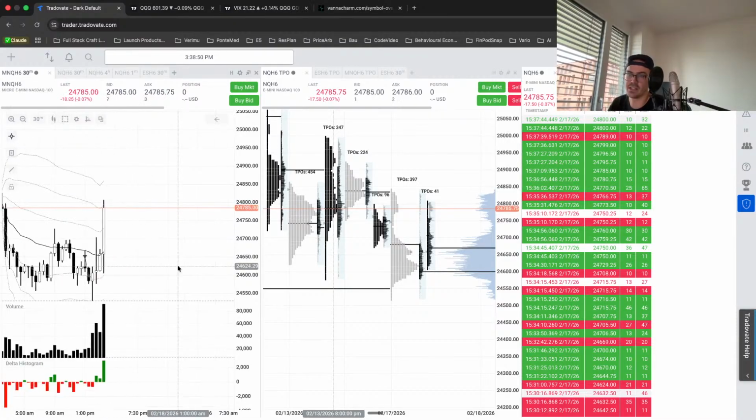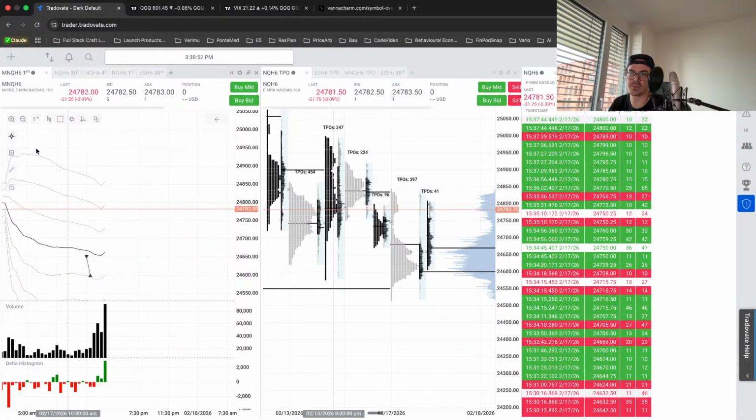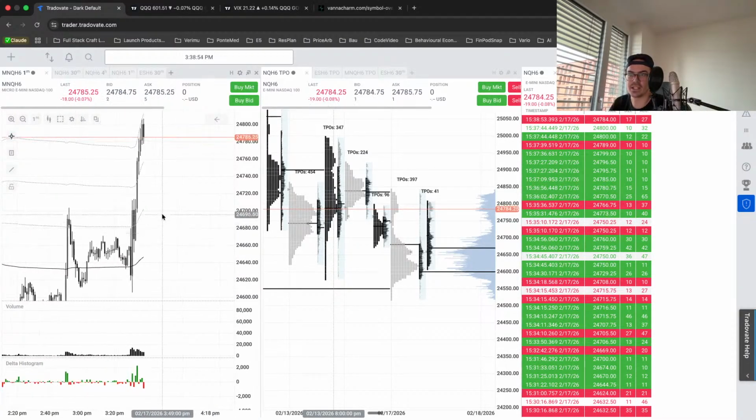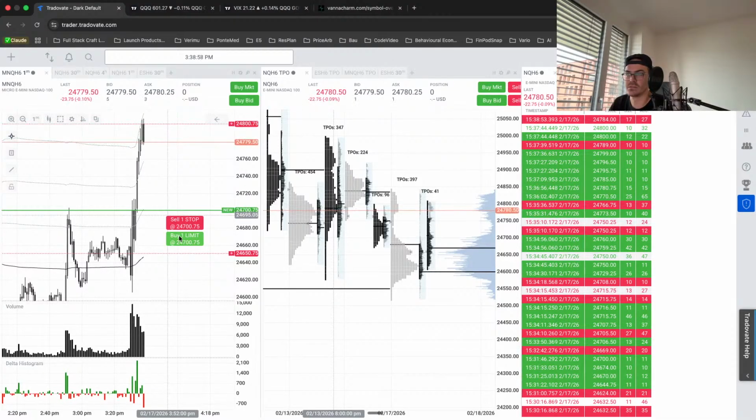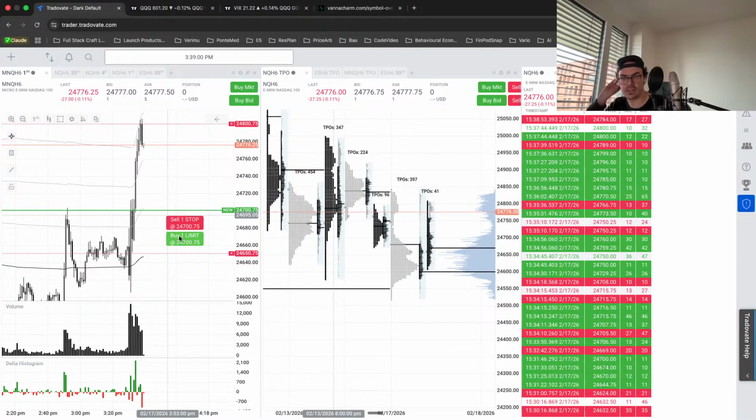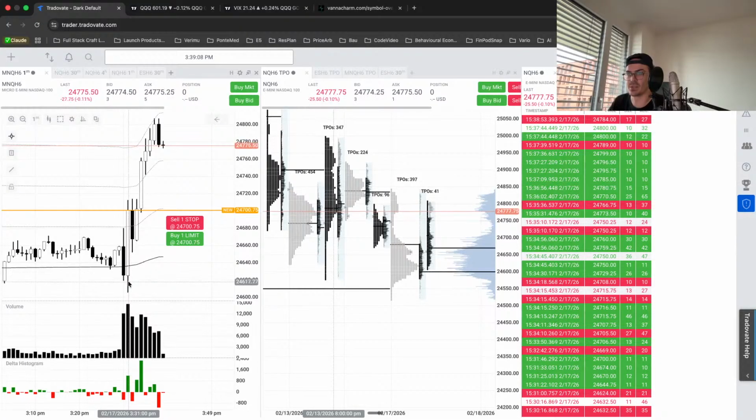So actually my idea there, if we drop down back to the 1 minute, that idea there to long, yeah, I would have hit a 100-point trade if I had longed that breakout there. But I don't like when there's a huge candle like this right at the beginning.